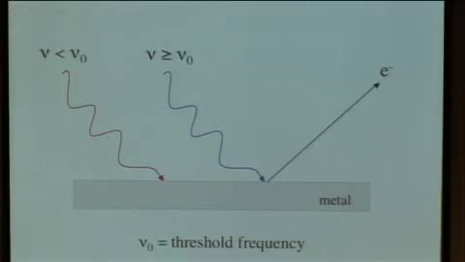So people were making this observation, but this wasn't making any sense at all, because there was nothing in classical physics that described any sort of relationship between the frequency of light and the energy, much less the energy of an electron that would get popped off of a metal that would basically come off only when we're hitting this threshold frequency.